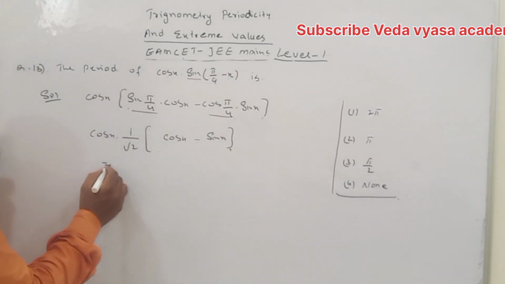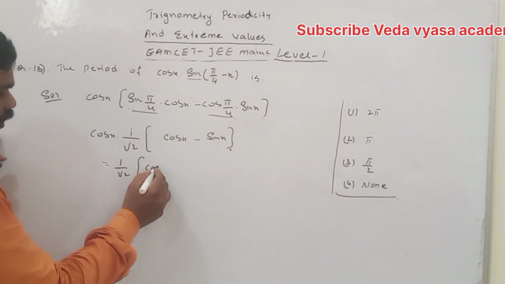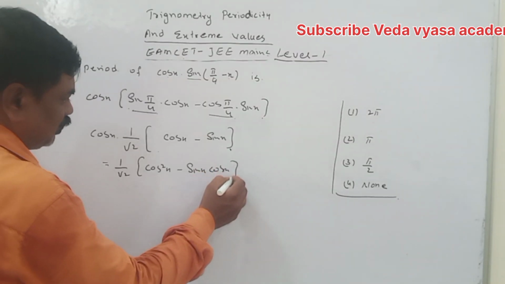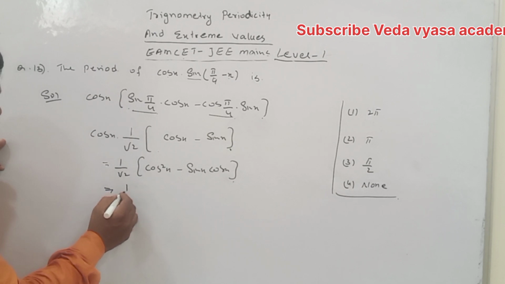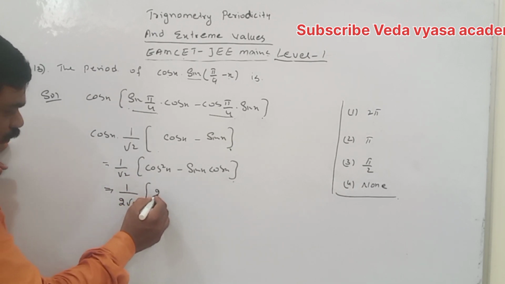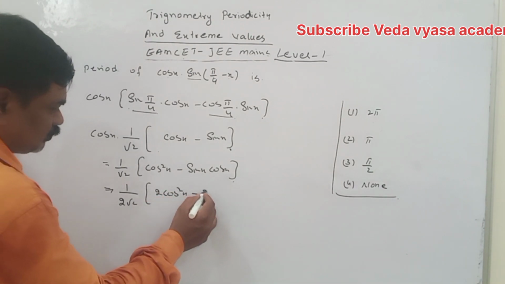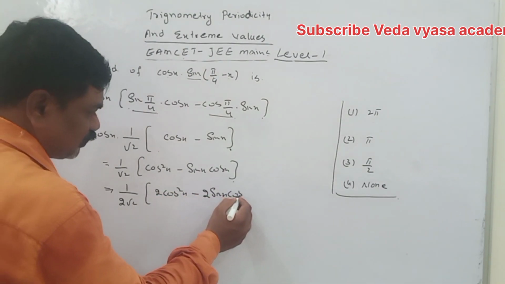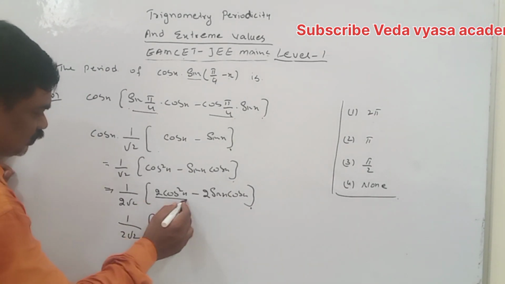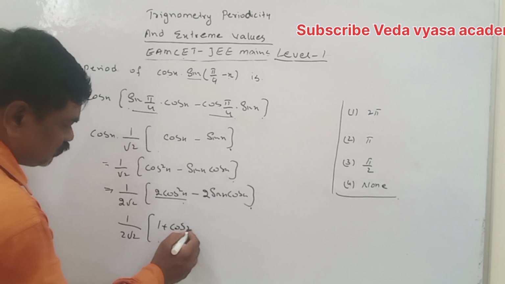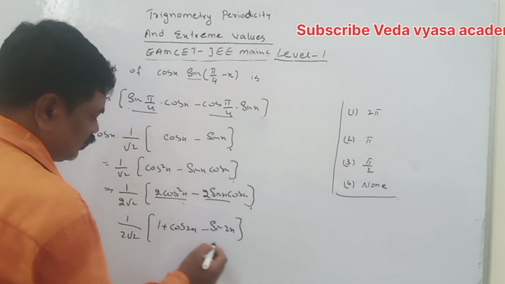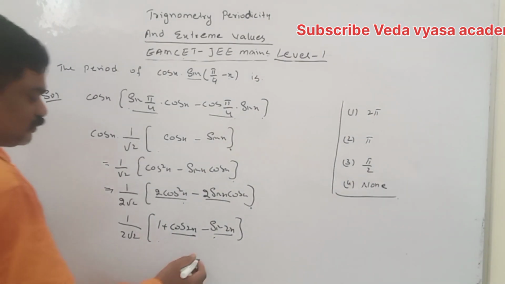You multiply this by cos x, giving 1 by root 2 of cos square x minus sin x into cos x. Multiply and divide by 2: 1 by 2 root 2 into 2 cos square x minus 2 sin x cos x. This is 1 by 2 root 2 of 1 plus cos 2x minus sin 2x.